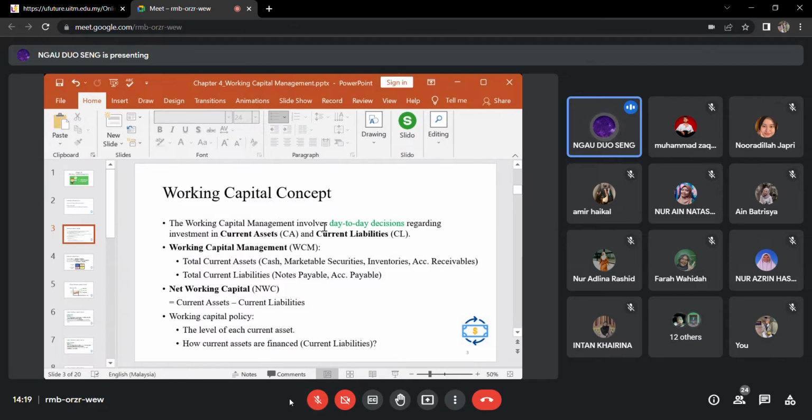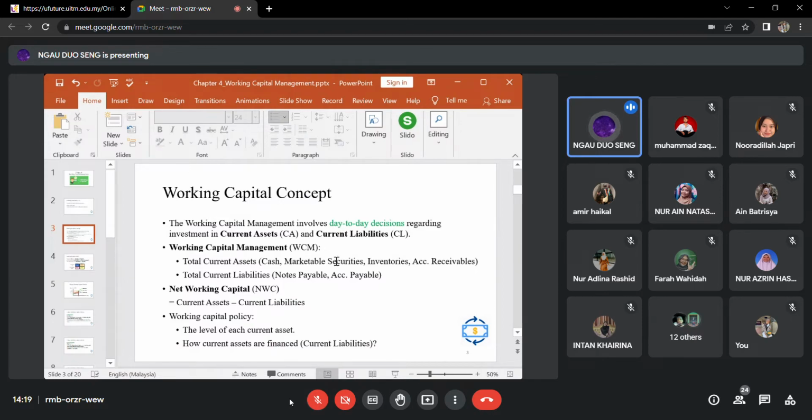That's why we call it day-to-day activity atau day-to-day decision, involving setiap hari kita. And current liability also same. We have the account payable, right, which is involving the suppliers, right, notes payable, right.